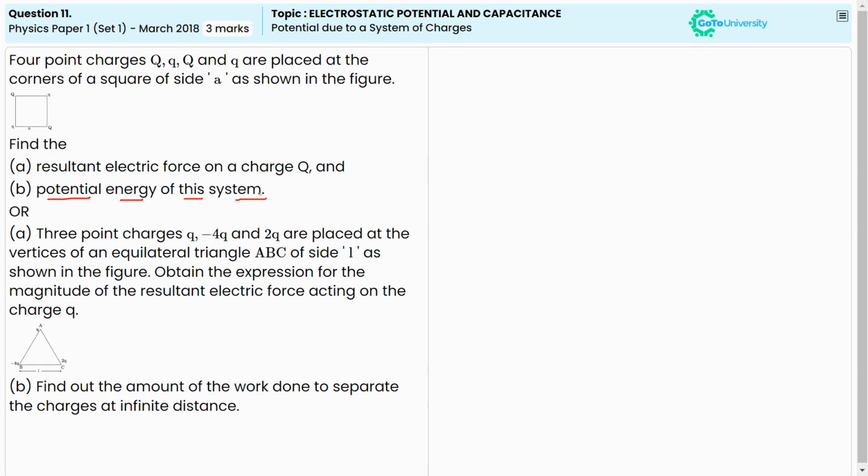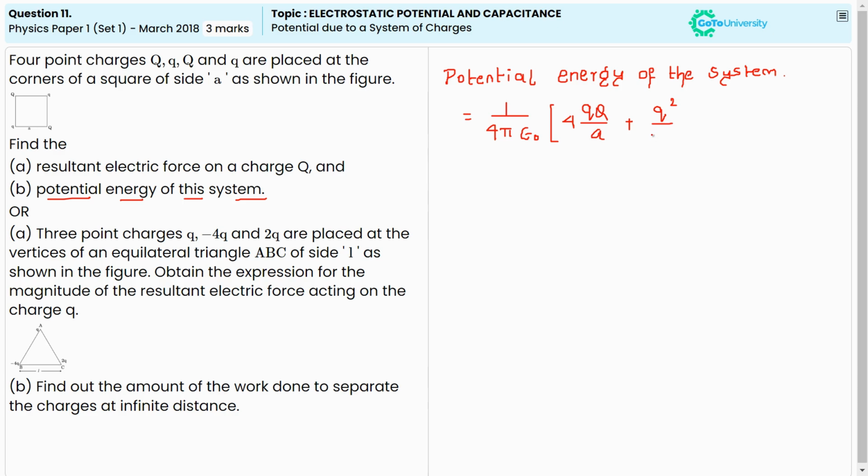We know that the potential energy of the system, we can write the equation as U is equal to 1 upon 4 pi epsilon naught into 4 times Q square upon a plus Q square upon a into under root of 2 plus Q square divided by a into under root of 2.